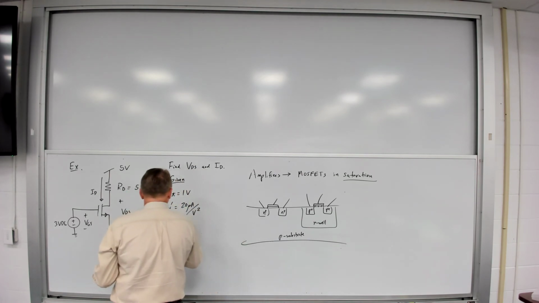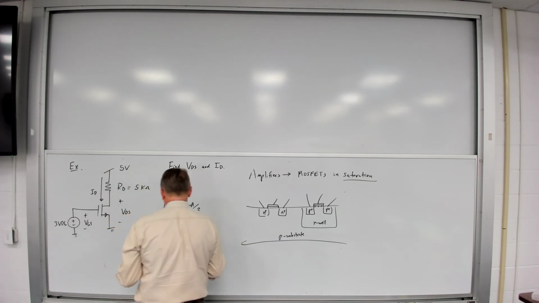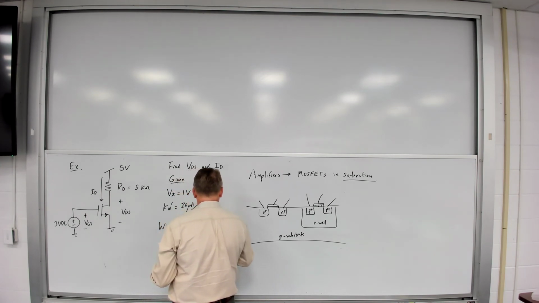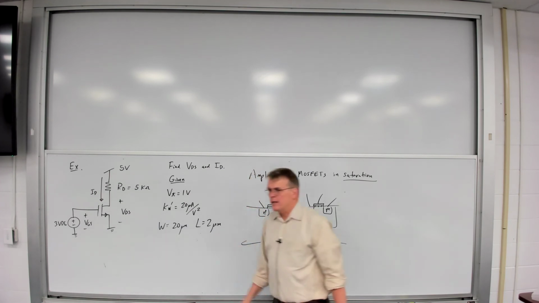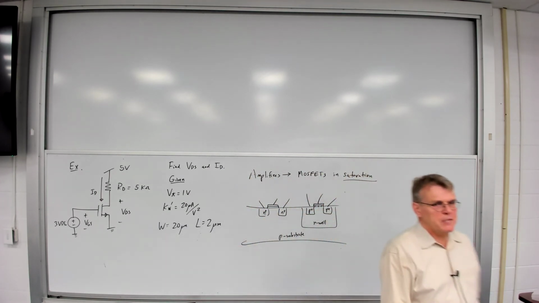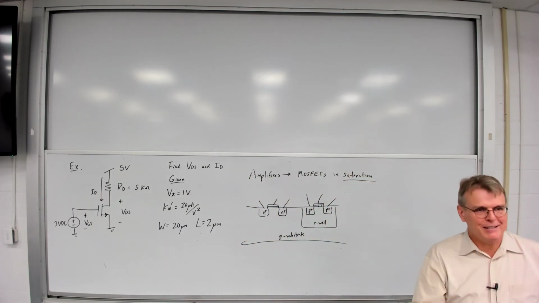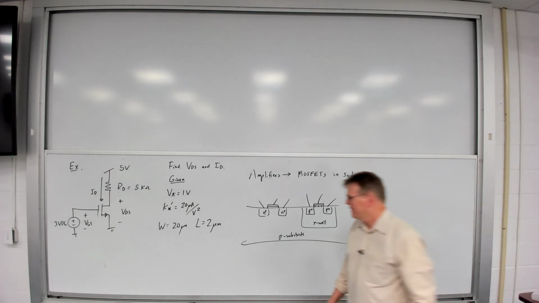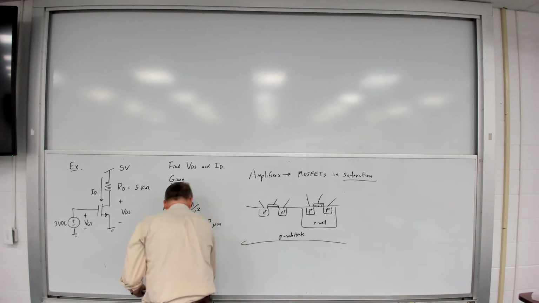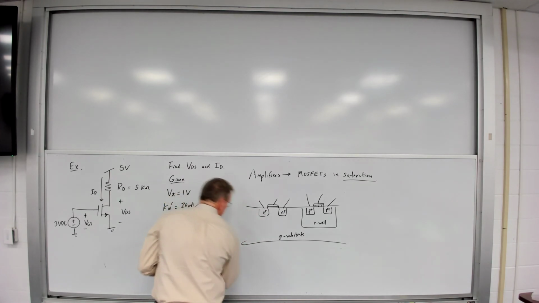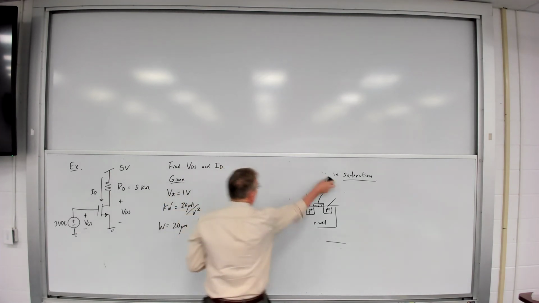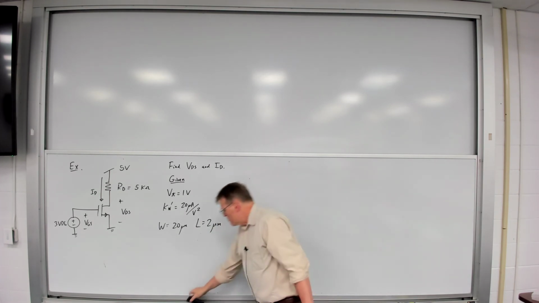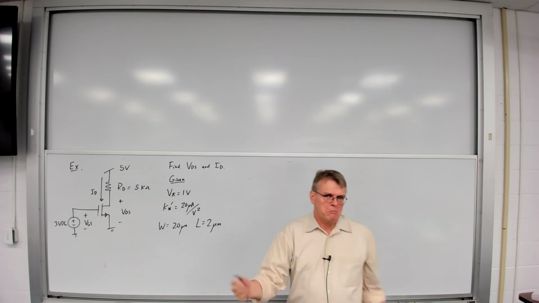The width is 20 microns or 20 micrometers, and the length is 2 microns or 2 micrometers. That incidentally is a shorthand you'll hear all the time. When people say microns in IC design, they're talking about micrometers. For the sake of simplicity, I'm also going to assume that the channel length modulation parameter is small enough to ignore.